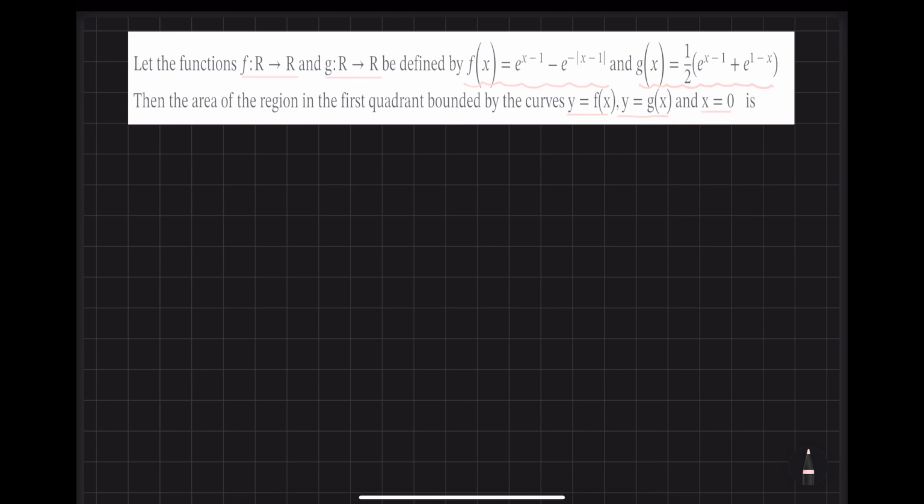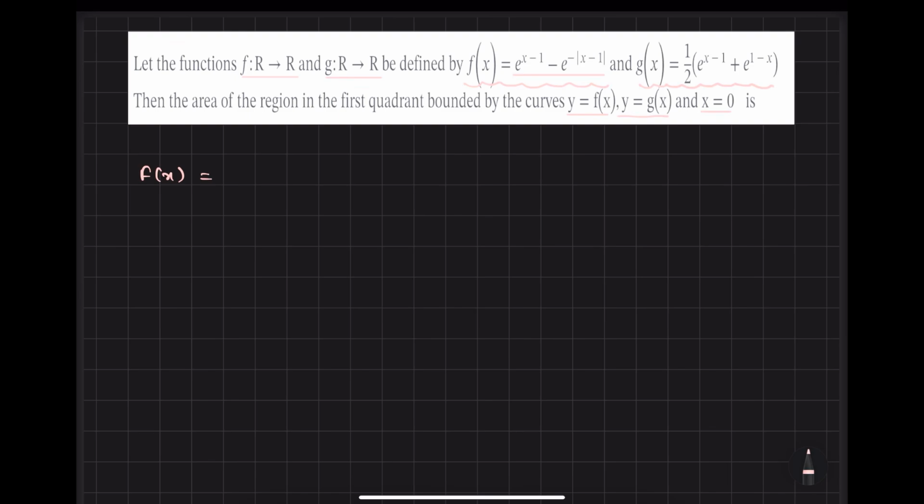Okay, so first we will try to be focused on f of x. So who is f of x? So clearly they have mentioned this. Now if you'll observe this function, you may say that, sir, I'm having a problem with this mod, because of this mod we are not able to draw its diagram.